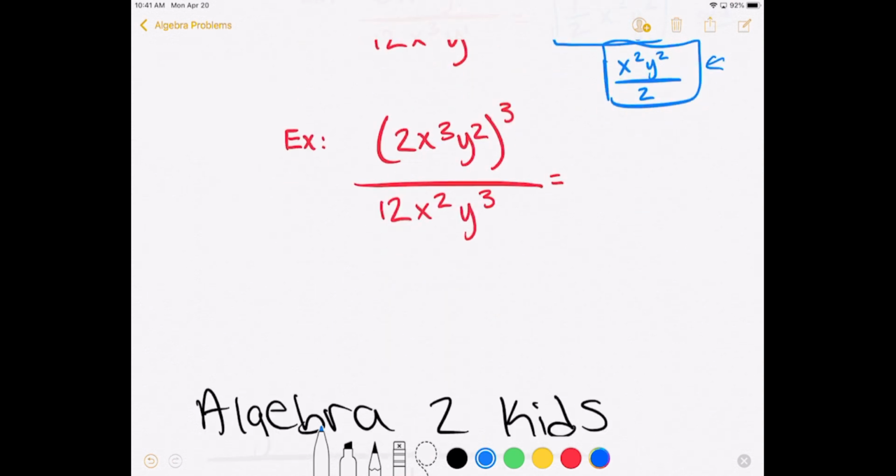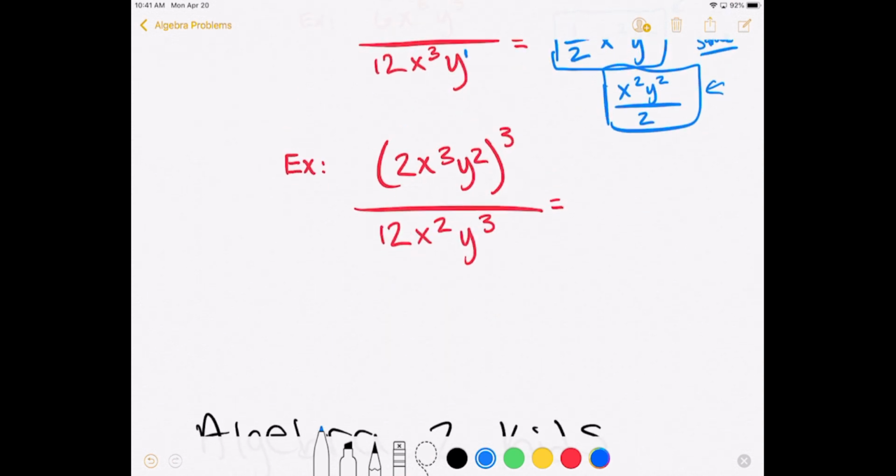Okay, the next one. We have kind of putting it all together. I can't start subtracting these exponents and doing this division because I have to take care of this 3 right here. So remember, this 2 has a power of 1.